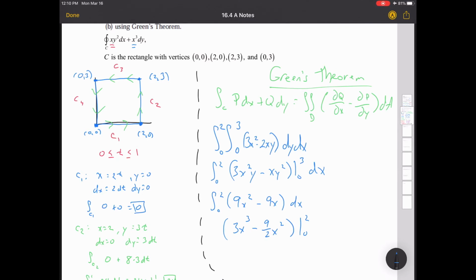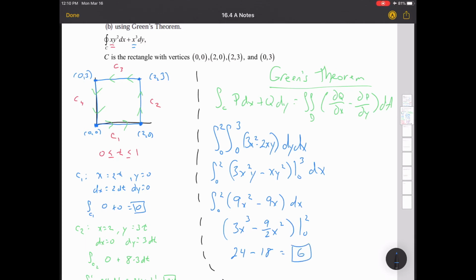Plugging in a 2, 2 cubed is 8, so 8 times 3 is 24. Minus, plugging in a 2 there, that's going to be 9 times 4 over 2, 36 over 2, 18. Plugging in 0 gives us nothing, so we get 6.